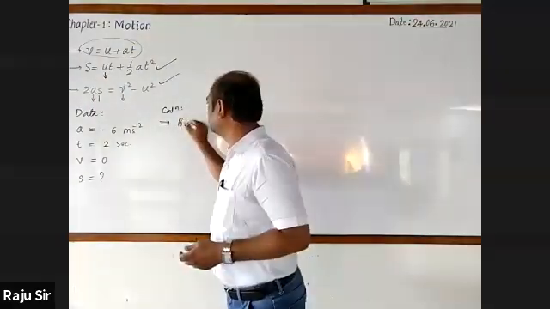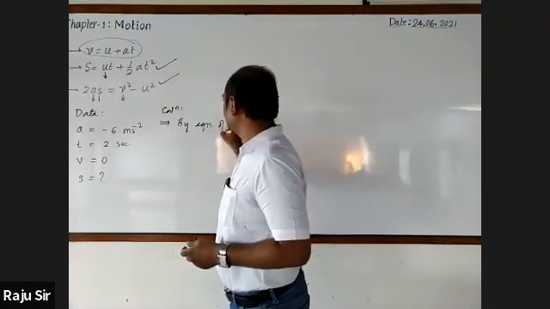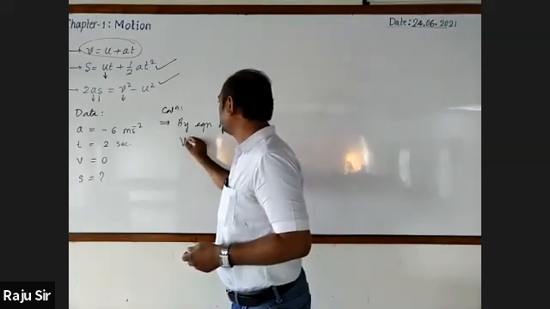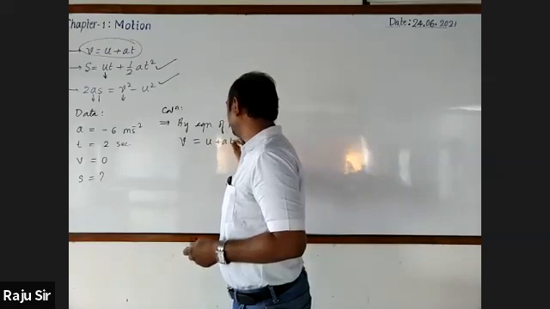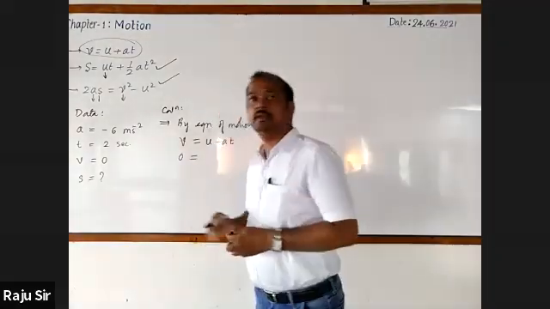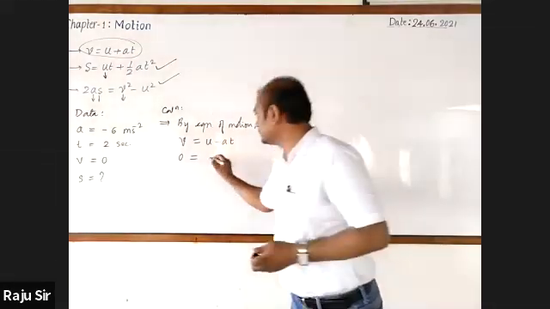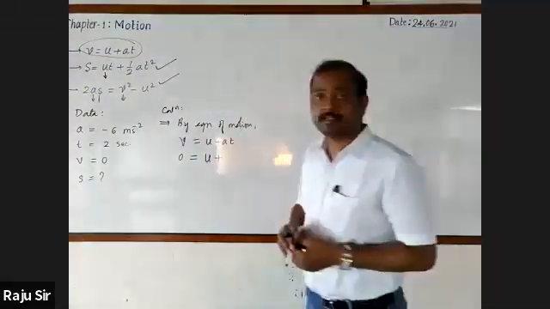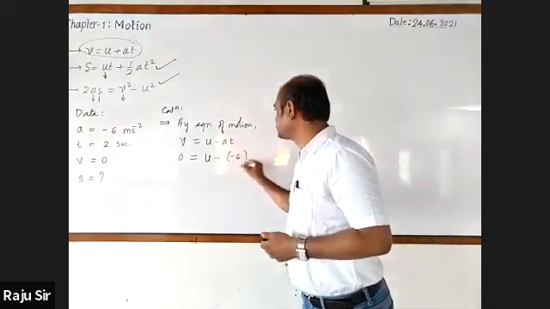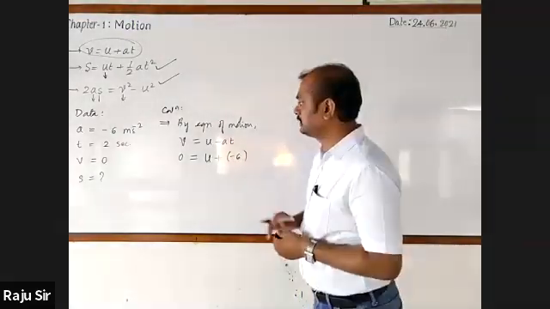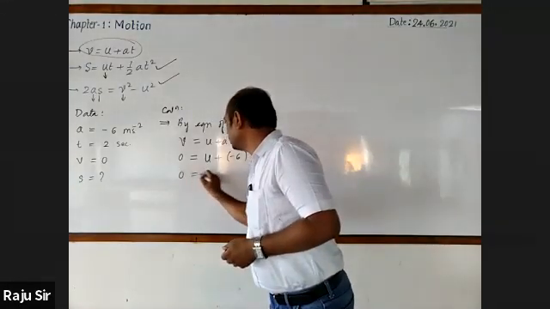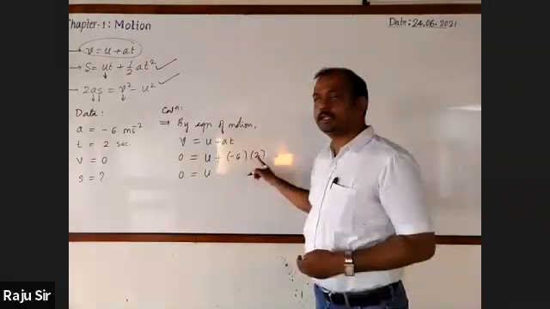You will write the equation of motion, that is v is equal to u plus at, where final velocity is 0, initial velocity is unknown, plus acceleration, here it is deceleration. This is minus 6 and time is 2 seconds. So it is 0 is equal to u, 6 into 2, 12.